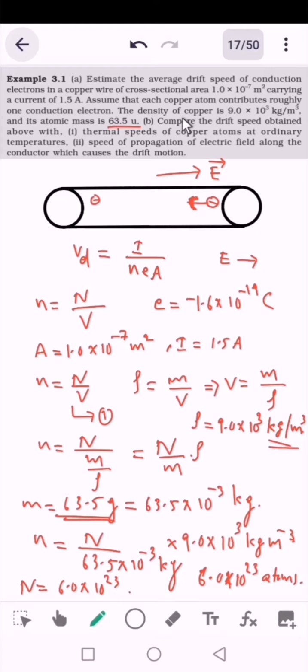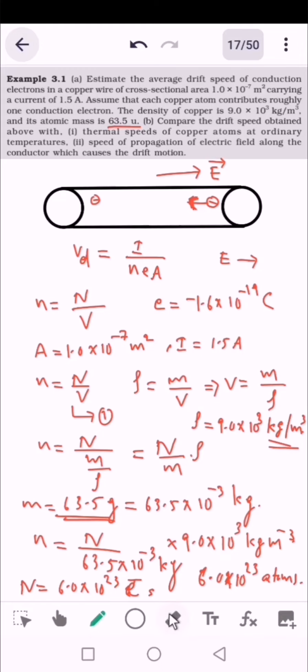So if there are 6.023 into 10 raised to 23 atoms, then each atom will contribute one electron, so 6.0 into 10 raised to 23 charge carriers will be there. Here the charge carriers are electrons, so this many electrons will be there.